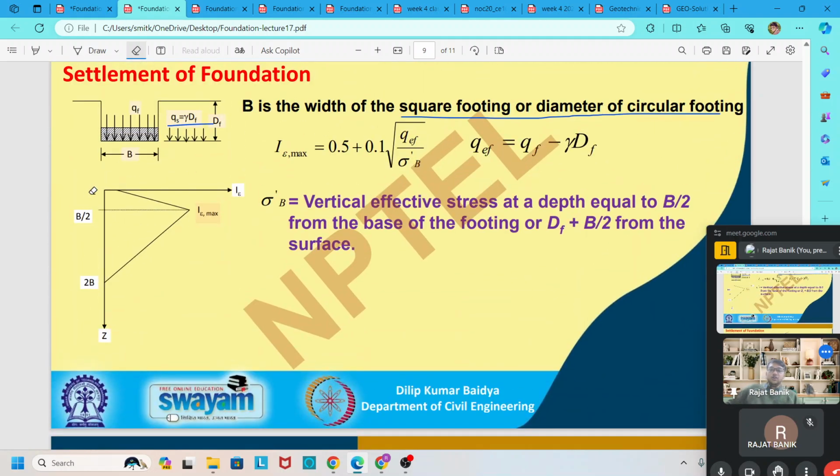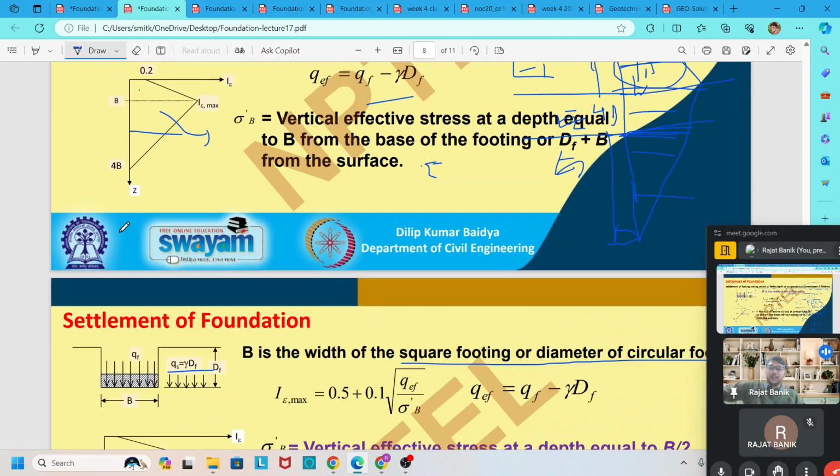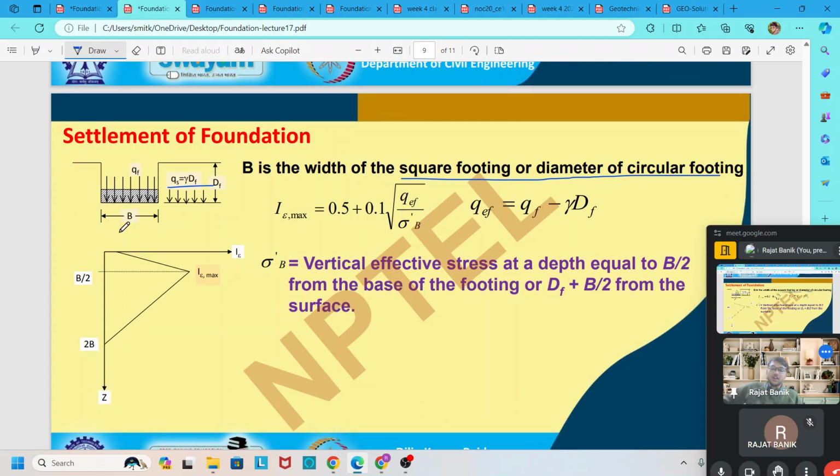Then we also find out this elastic settlement for finite depth and different layers. For square footing, there is some modification of this influence diagram. So in case 4B, it will become 2B for square footing, and the maximum influence factor below the foundation level.